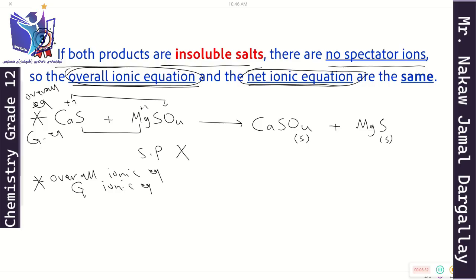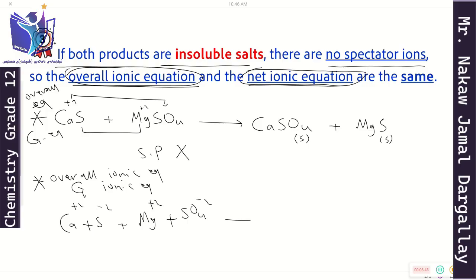How? CaS dissolved in water produces Ca positive two and S negative two. MgSO4 dissolved in water produces Mg positive two and SO4 negative two.